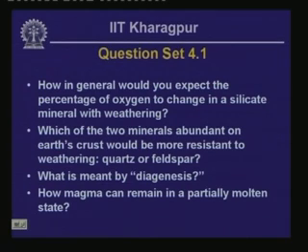So what happens typically is that if you consider Bowen's reaction series, then you will find that the silicate minerals actually will have a higher percentage of oxygen in comparison with silica near the top of the reaction series, and as you come down, the oxygen percentage becomes smaller in comparison with the silica content.